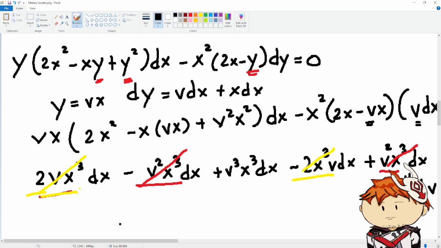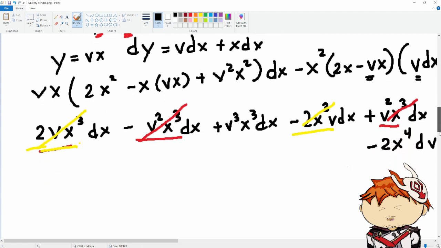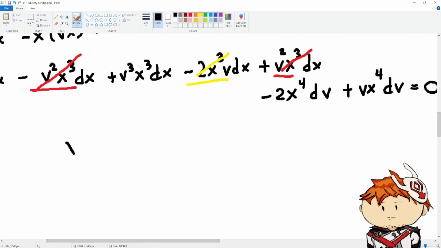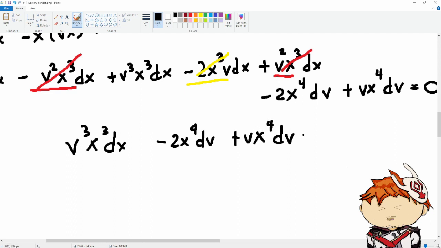Let's simplify. v cubed x cubed dx minus 2x to the fourth dv plus v x to the fourth dv is equal to 0.